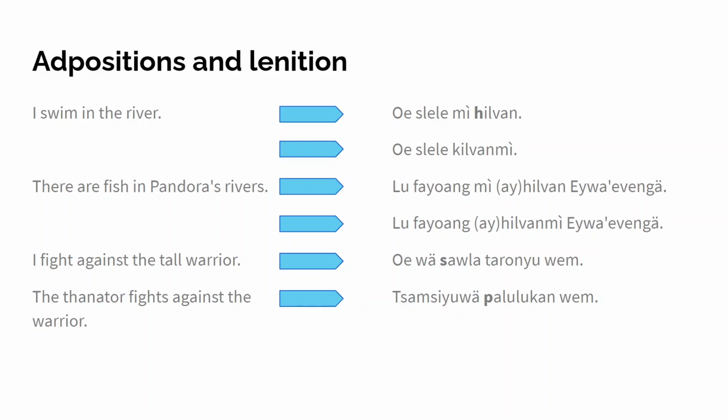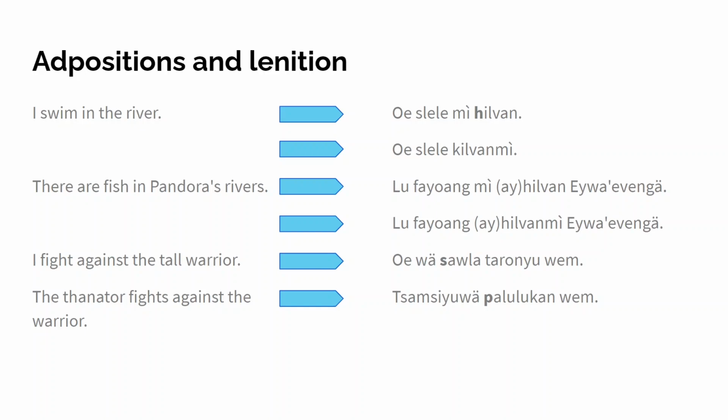So these adpositions, if they cause lenition, can cause lenition to any word that comes after. It doesn't have to be a noun. Also, if there's something else in between the adposition and the noun, like in this case the tsaula, the tall, it still causes lenition.